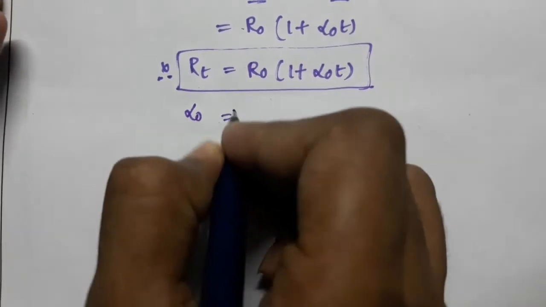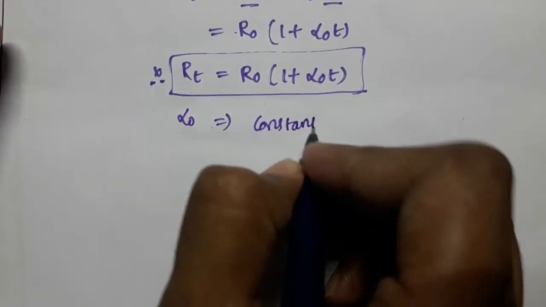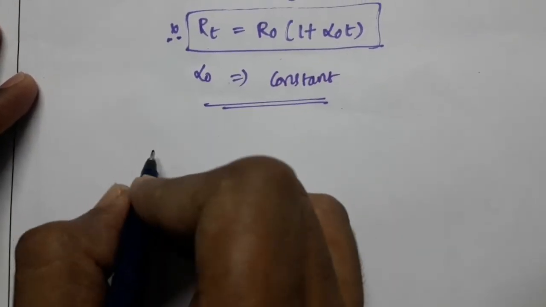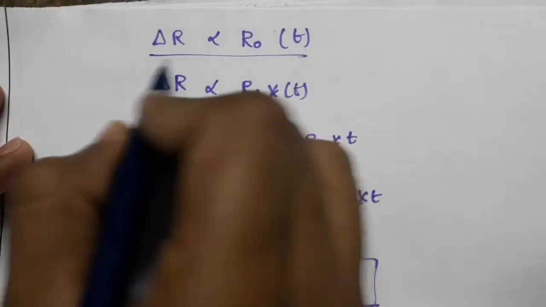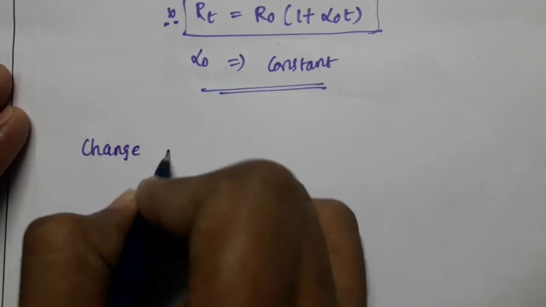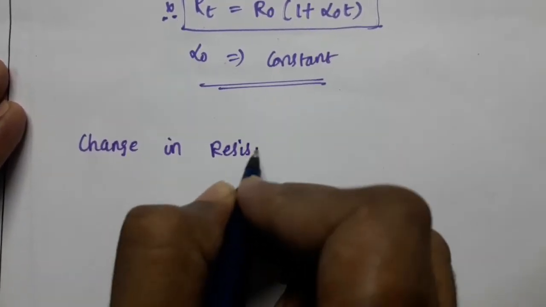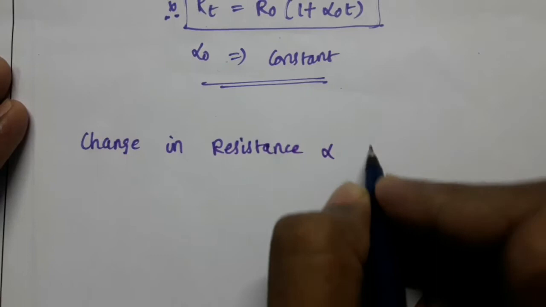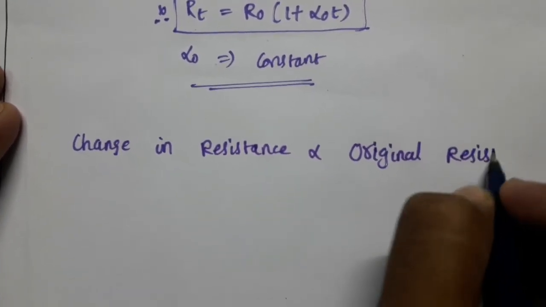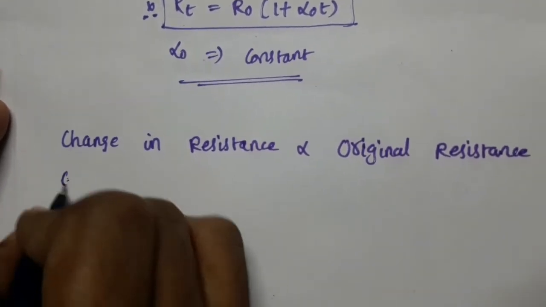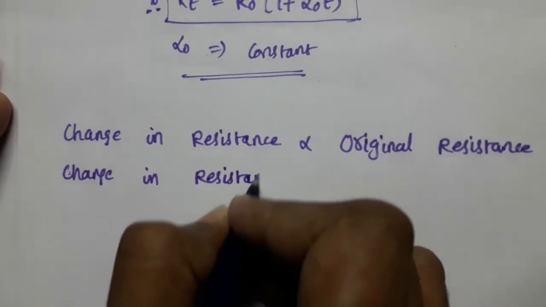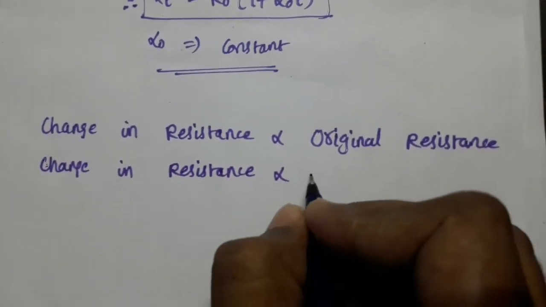Alpha naught value is constant. In sentence form, the change in resistance is proportional to the original resistance, and the change in resistance is proportional to the rise in temperature.